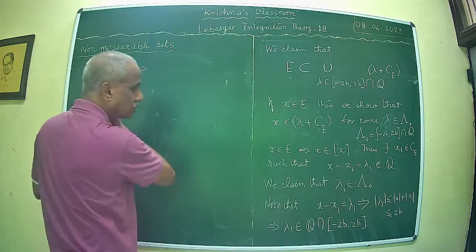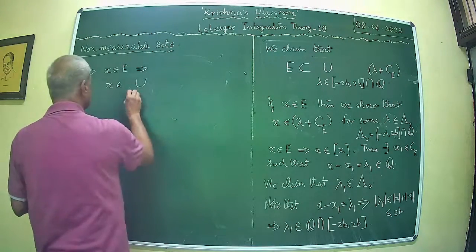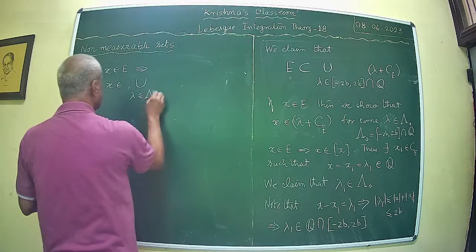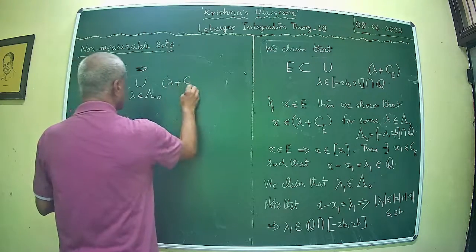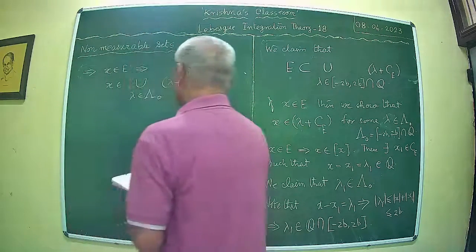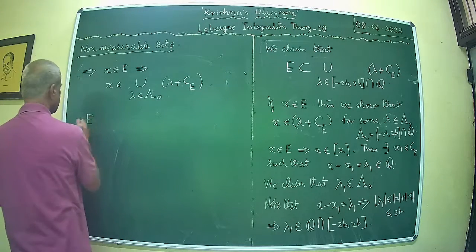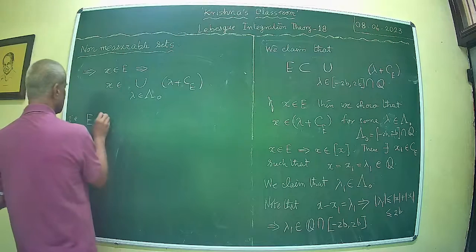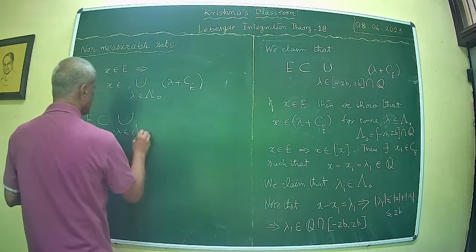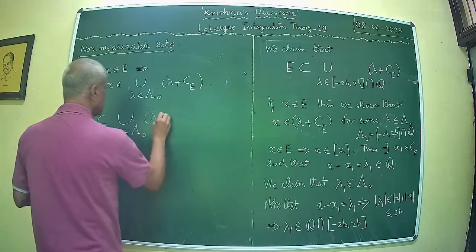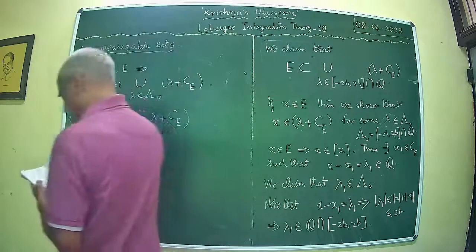x belongs to the union of C. Therefore, E is contained in this, therefore what you have is this.